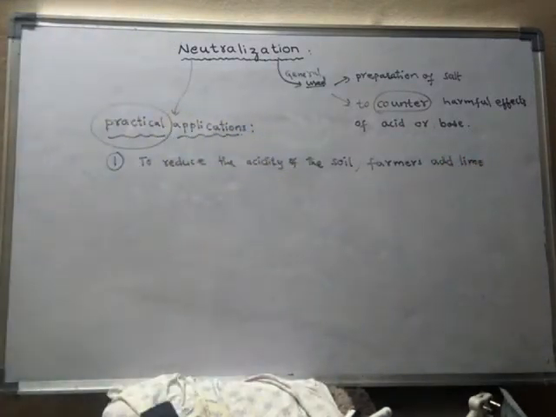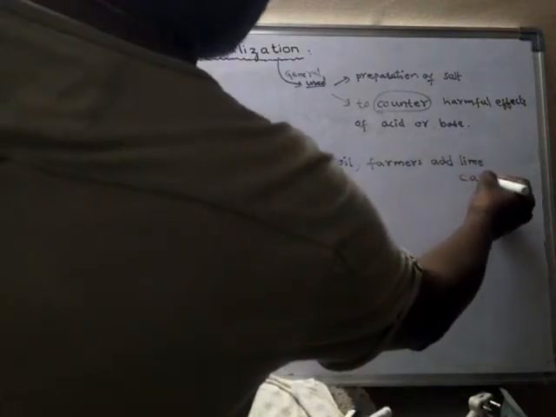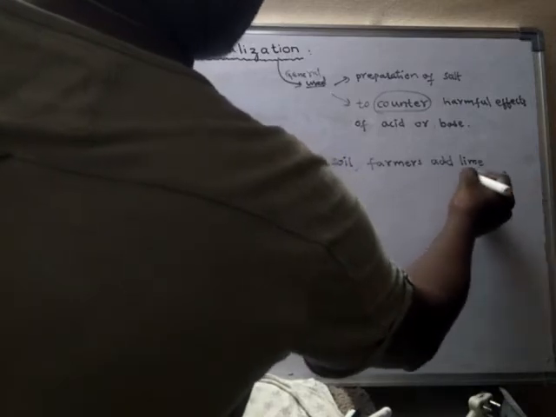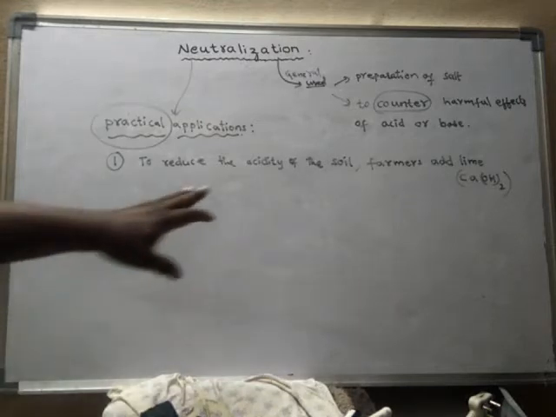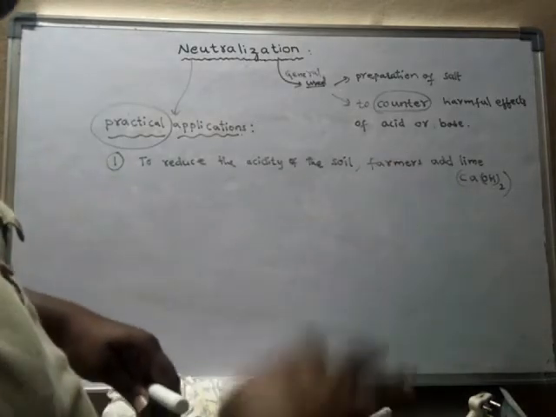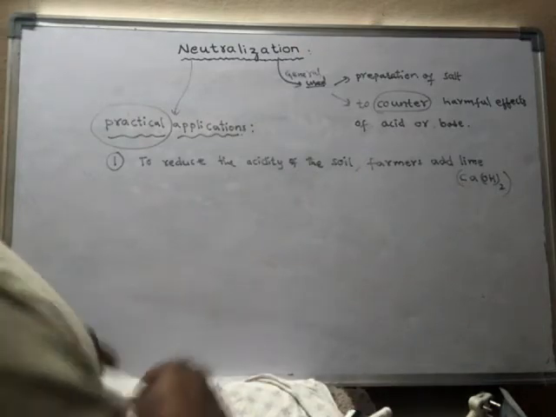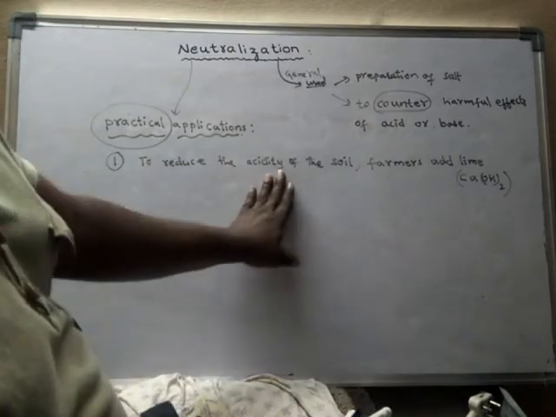Lime means sunnam, calcium hydroxide. The formula of lime is Ca(OH)2, and its chemical name is calcium hydroxide. To reduce the acidity of the soil, farmers add lime. So the acidity of the soil is neutralized to some extent by the lime, because lime is basic in nature and the soil is acidic in nature.